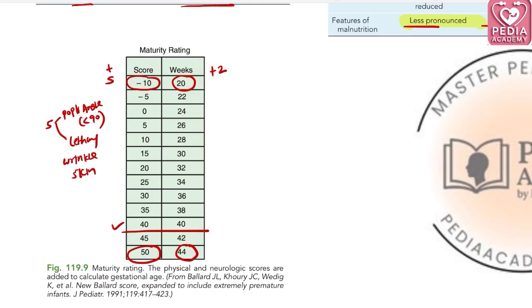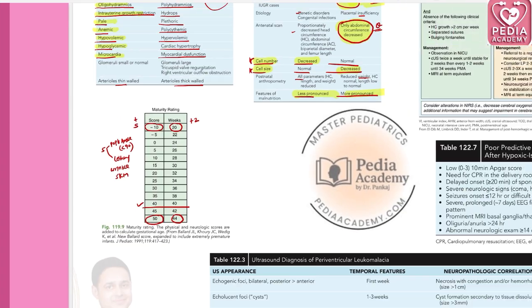You have to remember like this. Any question can arise from this, like at a score of 40, the gestational week will be 40. At 50, it will be 44. Similarly, you can see the difference in this. Many questions can be framed from this.